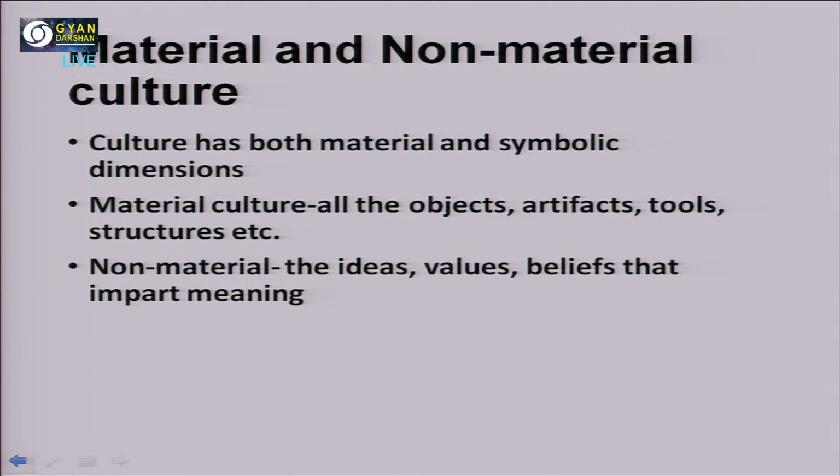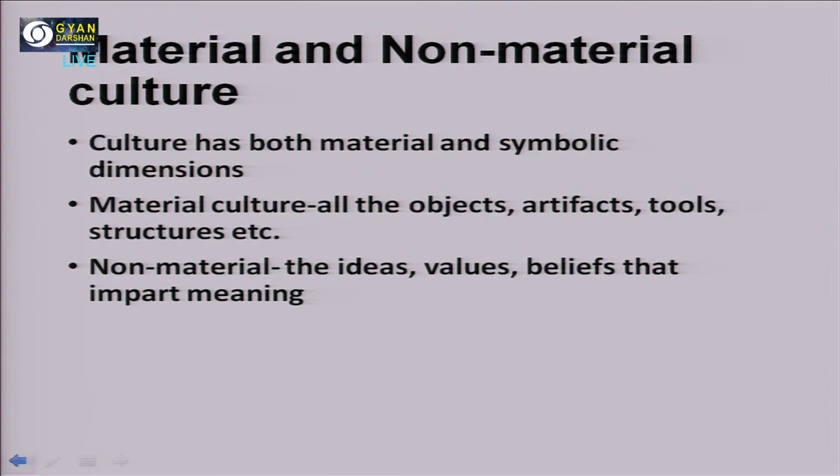Now, a very important distinction is also made when we talk about culture: the material aspect and the non-material aspect. So we speak about material as well as non-material culture. Material culture refers to all the objects, artifacts, tools, structures that are very much a part and parcel of a particular society.